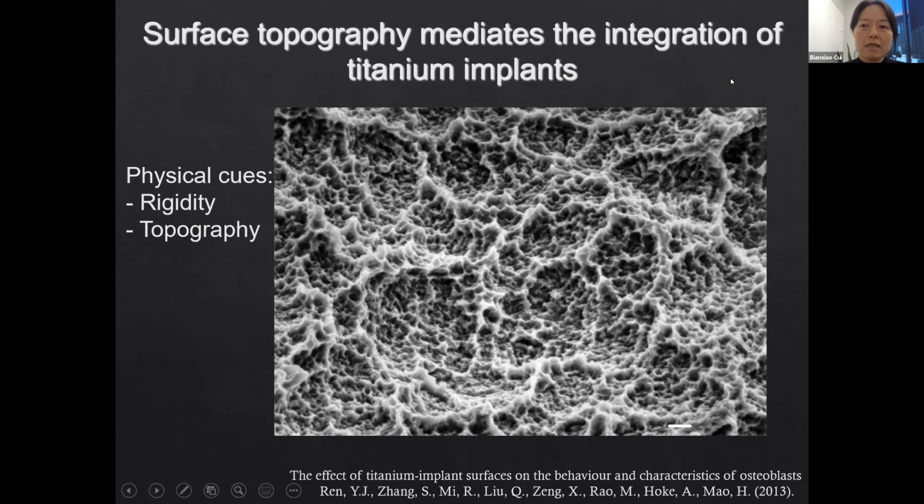The reason is that clinical studies show that, compared with a smooth titanium surface, a rough surface is usually better accepted by the body and less likely to induce an immune response and failure of the implant. So for many years, people have been trying to understand why cells integrate better with rough surfaces than smooth surfaces.